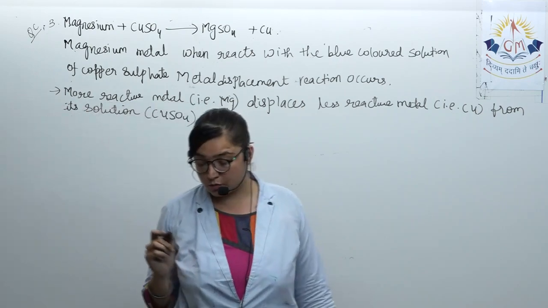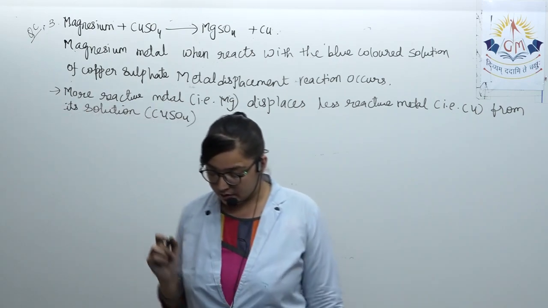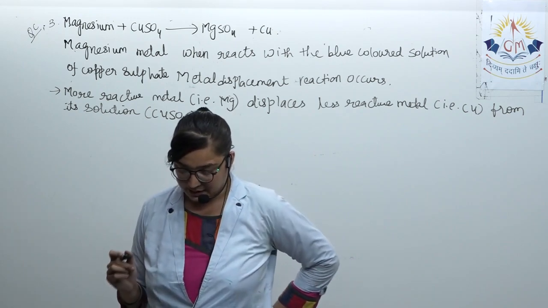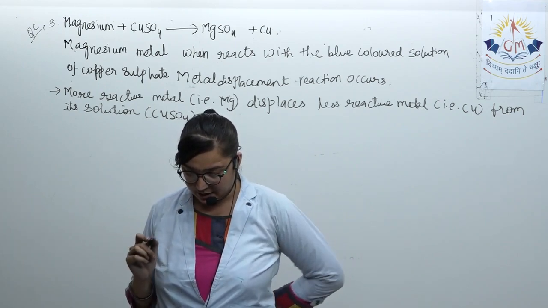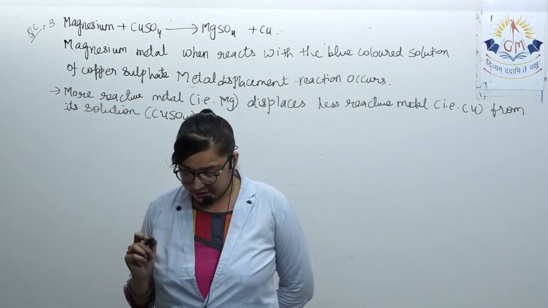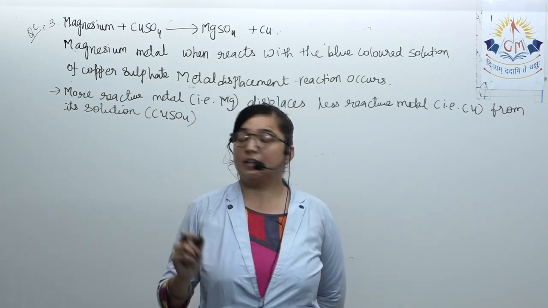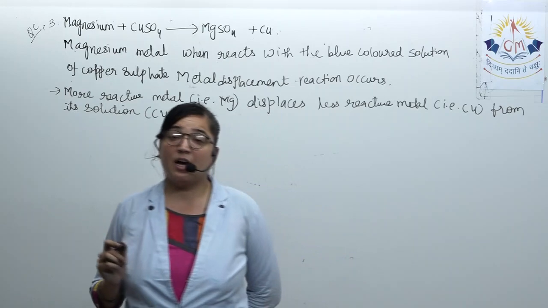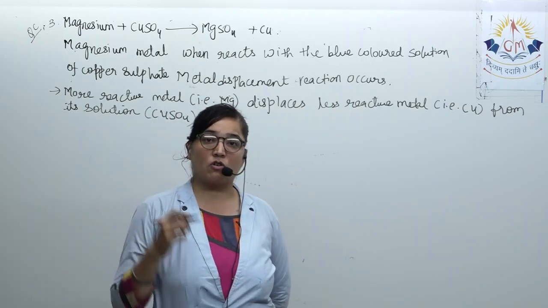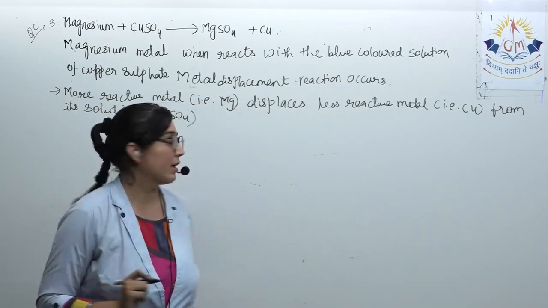Because magnesium is more reactive, what will happen? It will displace the less reactive element, and when the magnesium is added, the blue color of the copper sulfate fades away.